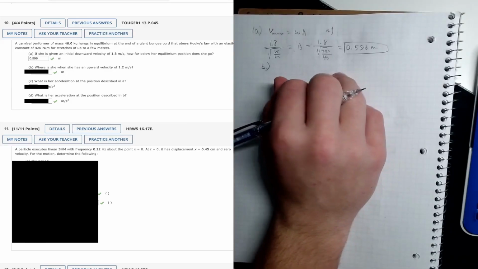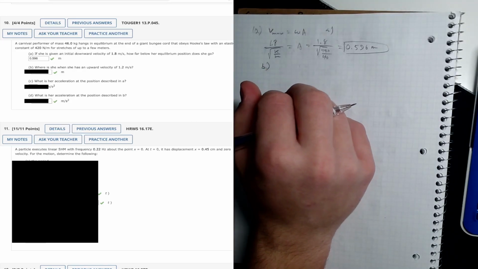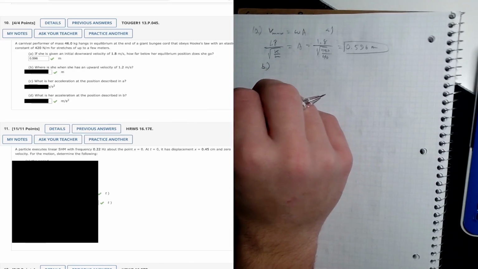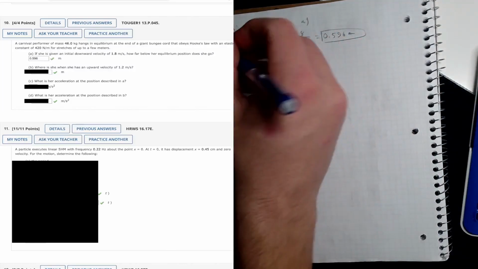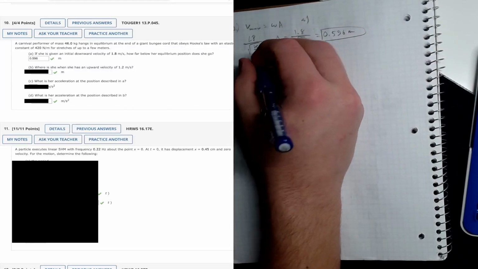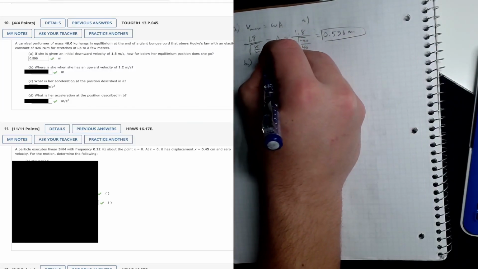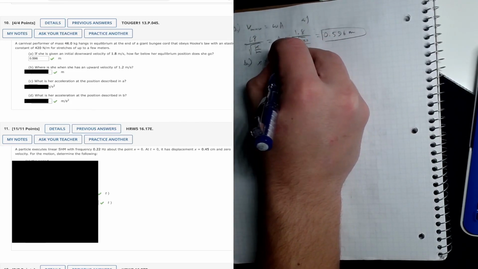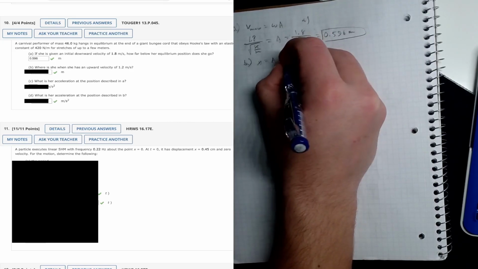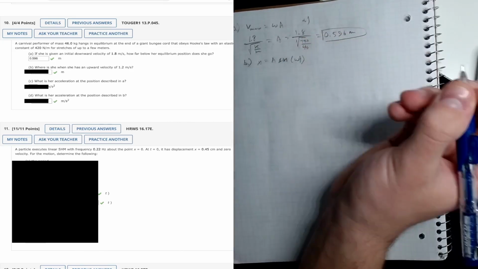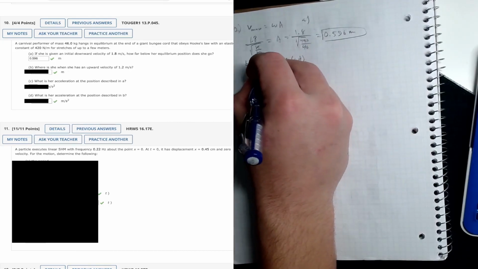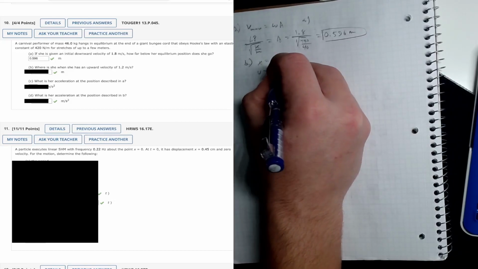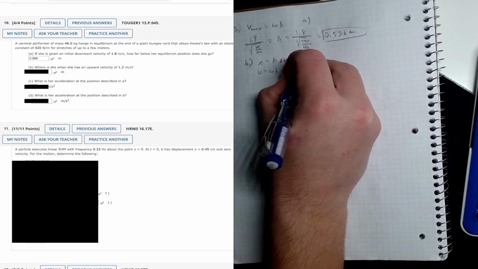Where is she when she has an upward velocity of 1.2 meters per second? To find this point, we'd have to find the position as a sine of WT. We know that the velocity is WA cosine of WT.